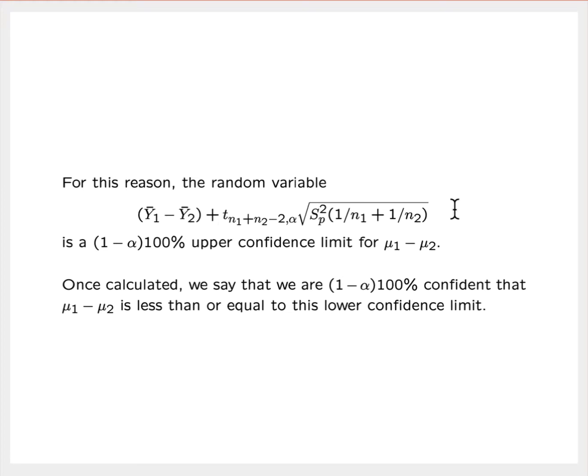Once calculated, we say that we are 1 minus alpha times 100% confident that mu1 minus mu2 is less than or equal to this upper confidence limit. Whoops, I called it a lower confidence limit before. It's actually an upper confidence limit, so I need to change that. Okay, there, I fixed that.